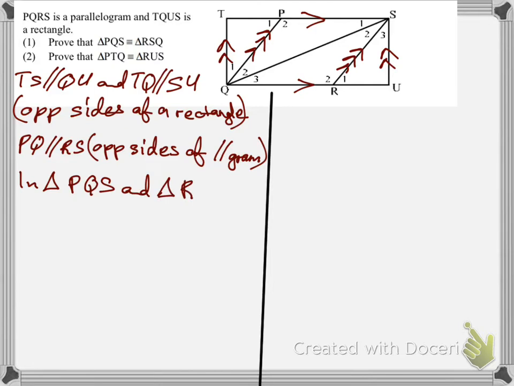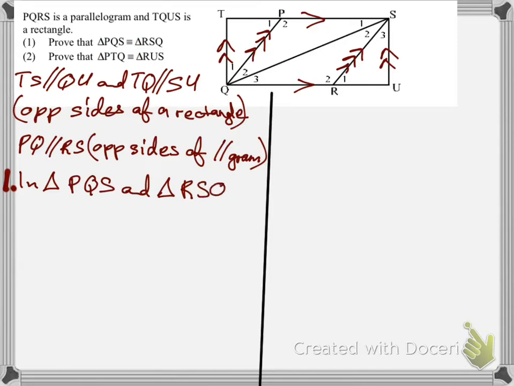So the first one, number 1, it says prove that triangle PQS and triangle RSQ are congruent. So always a clue is the way the letters are arranged. So without even thinking, you must know that angle P is going to correspond with angle R. Angle Q is going to correspond with angle S. And angle S is going to correspond with angle Q in the different triangles.